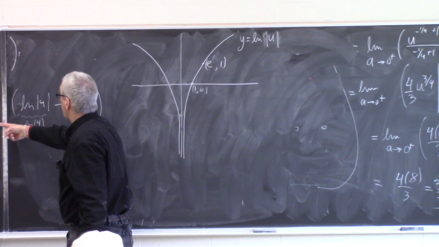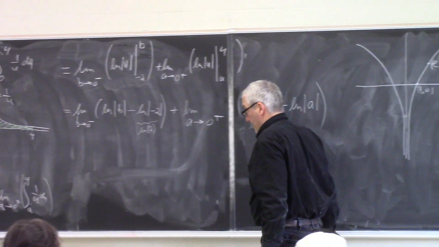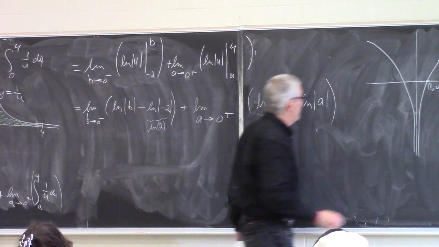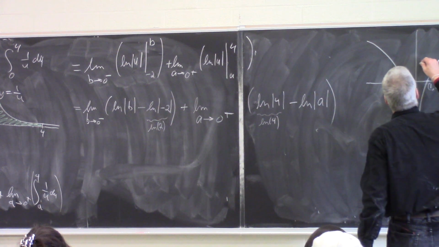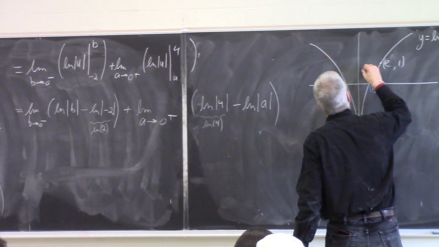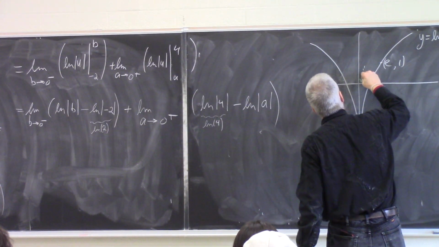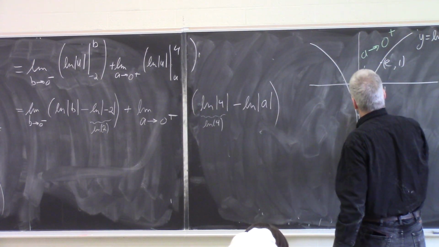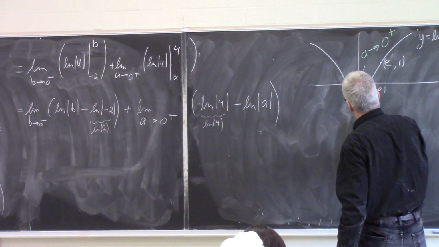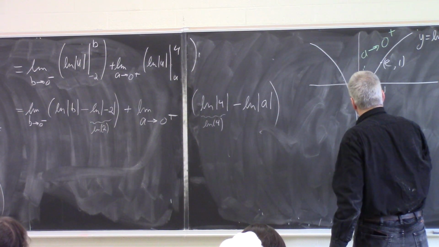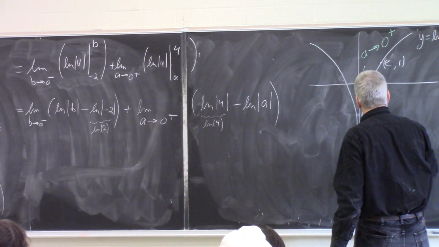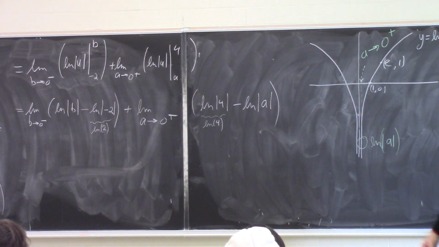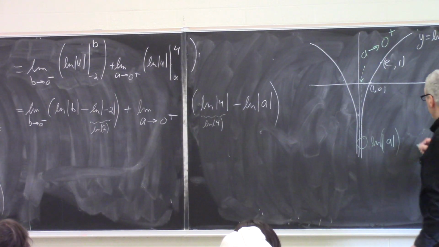A is getting closer and closer to 0 from the right, and we're looking at ln of absolute value of A. So when you come down here to the graph, ln of absolute value of A, how would you describe that y value? Huge and negative. Yeah, huge negative.